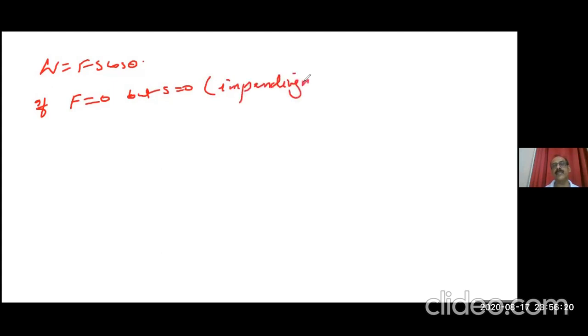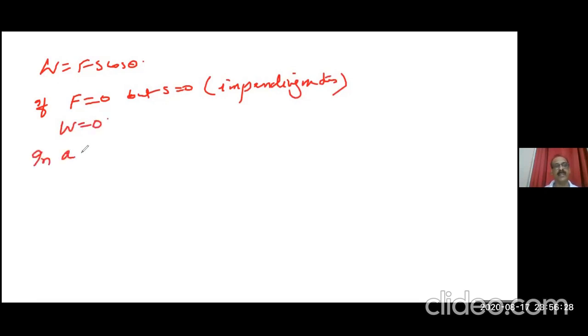Write down. If zero work, we know W is equal to Fs cos theta. If F is not 0, but displacement is 0, example, impending motion. Then work done is 0.